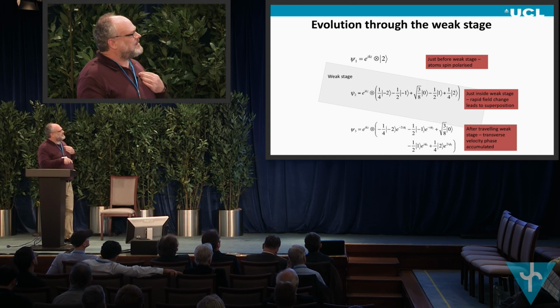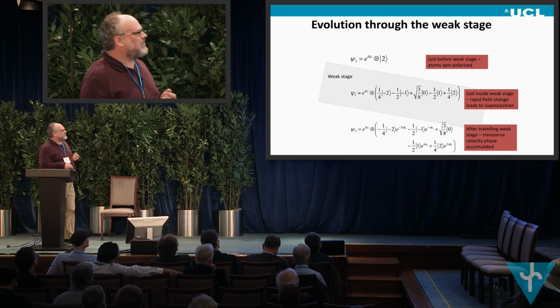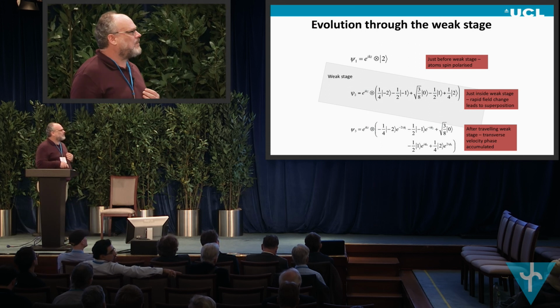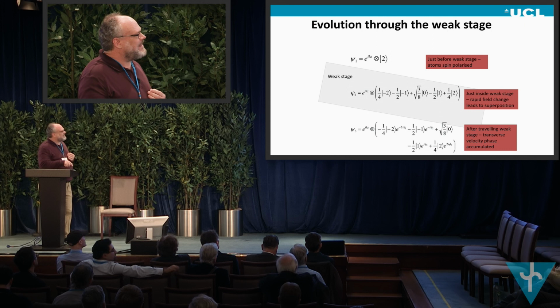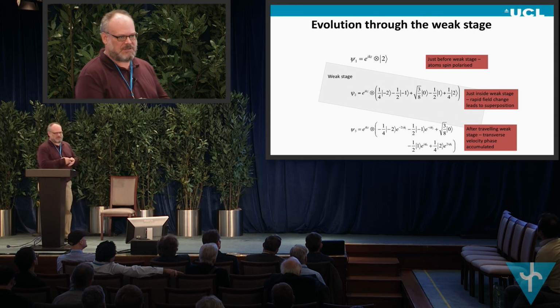Then as this wave function progresses through the weak stage, you accumulate this phase, like the Larmor precession that I was talking about. And this is what we're interested in. It is velocity dependent, so dependent on the transverse velocity, and this is what we want to measure. I should say when it actually leaves, you get another rotation and another projection such that this phase can end up even in the m=0 state.